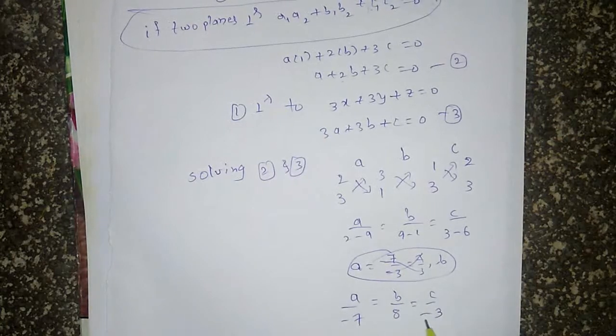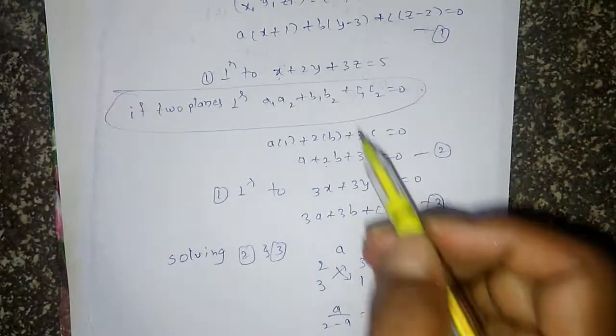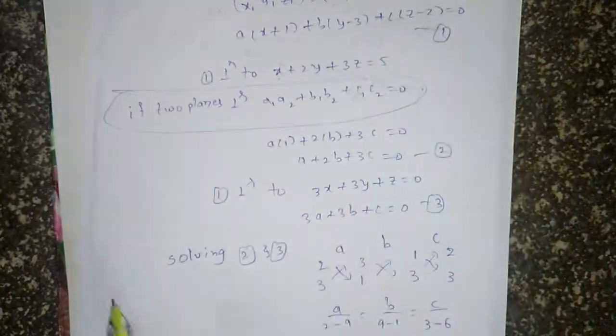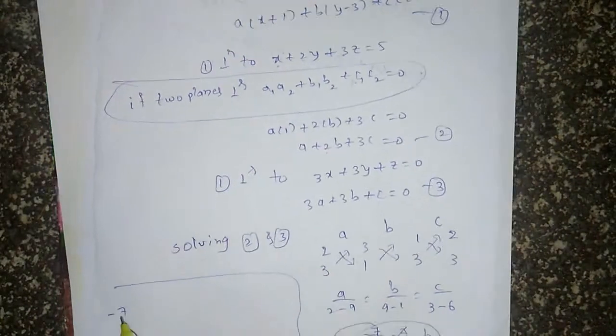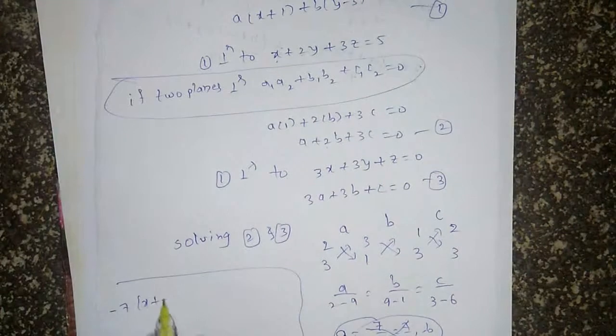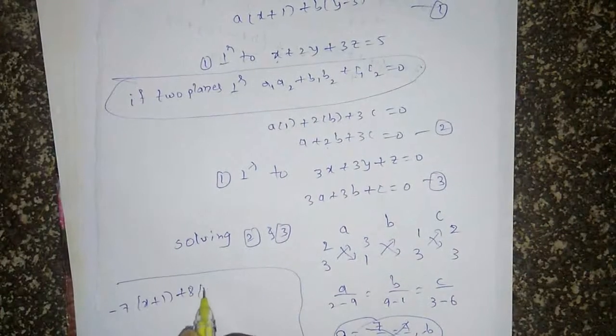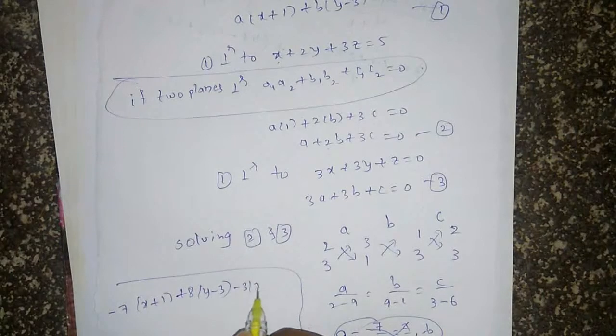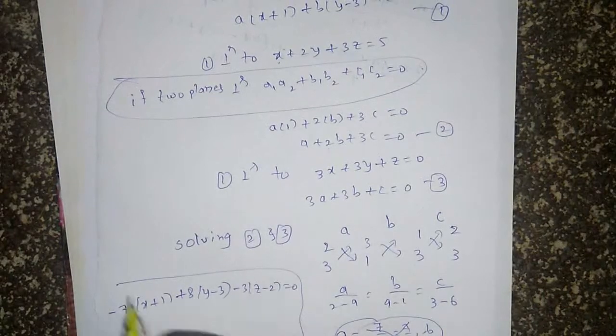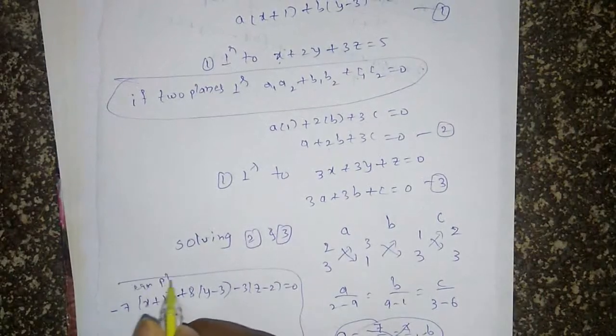These are the DRs. Directly you can substitute them in equation 1. So this is equation 1. So if you substitute, minus 7 into x plus 1 plus 8 into y minus 3 minus 3 into z minus 2 is equal to 0 is the equation of plane.